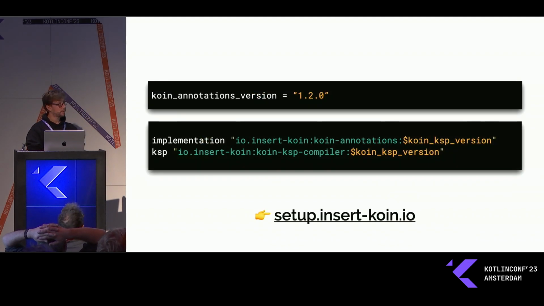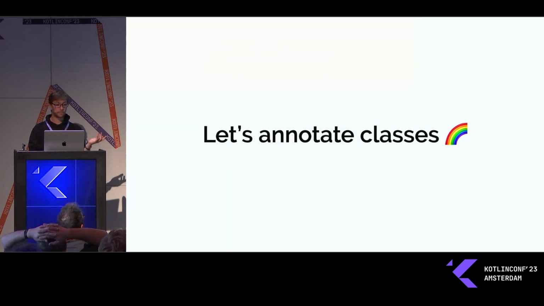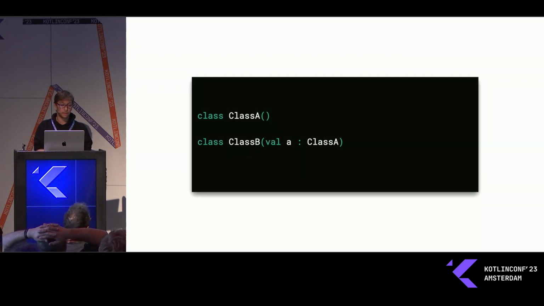To set up such projects, you can go on setup.insert-koin.io, and then you can use the KSP Gradle plugin and use the Koin Annotations Gradle dependency. Let's go into details and begin with annotations, and let's go back to our simple example here.